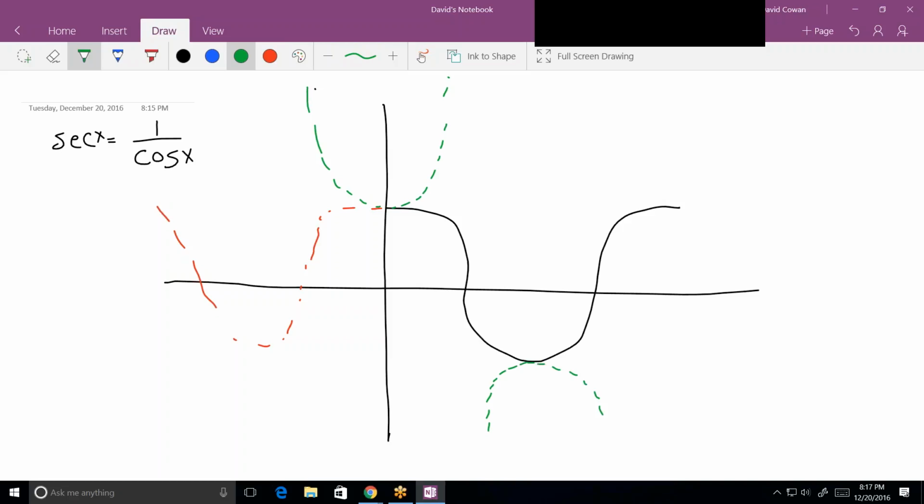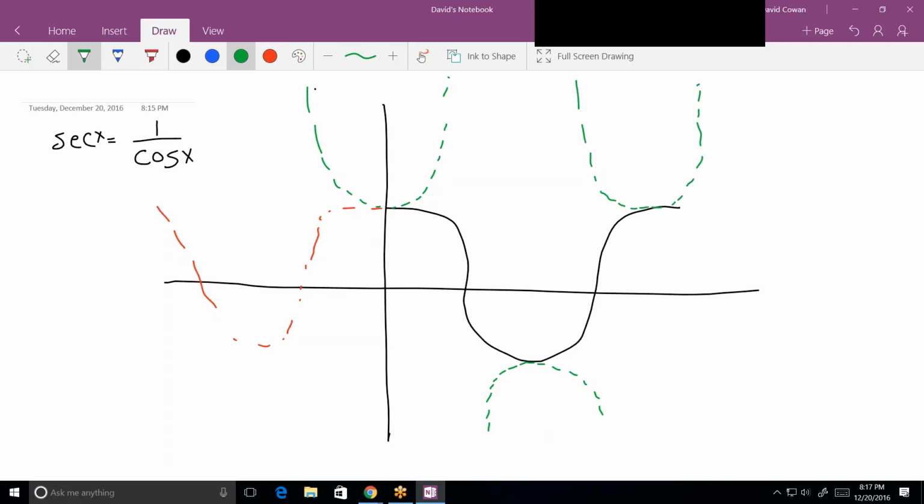Whenever cosine is equal to 1, secant has to be equal to 1. Whenever cosine is equal to -1, secant has to be -1. So the only way this thing can look is like this.